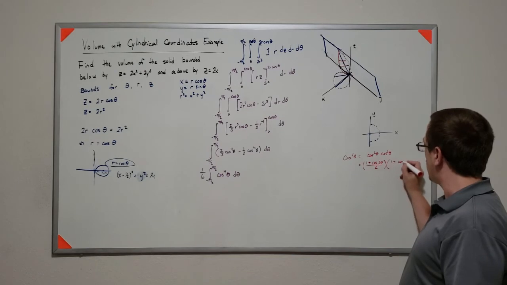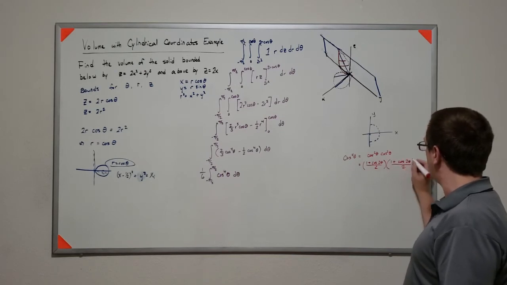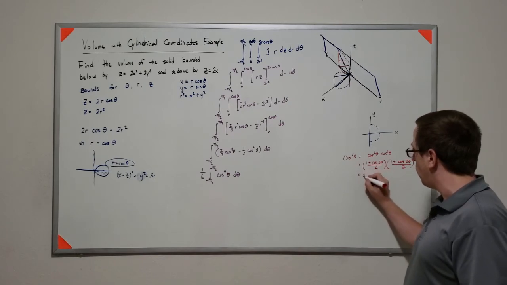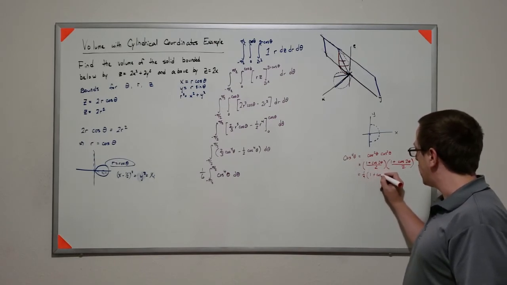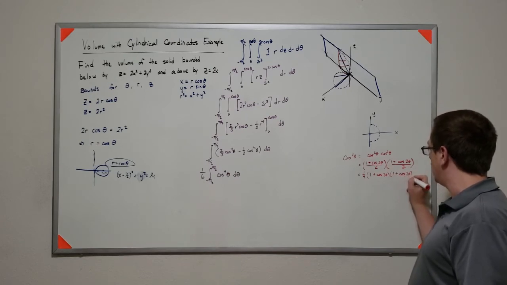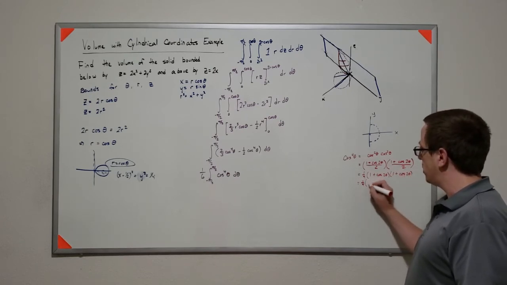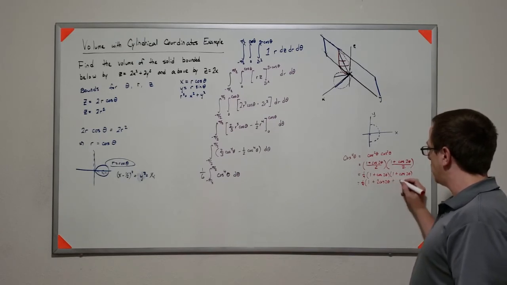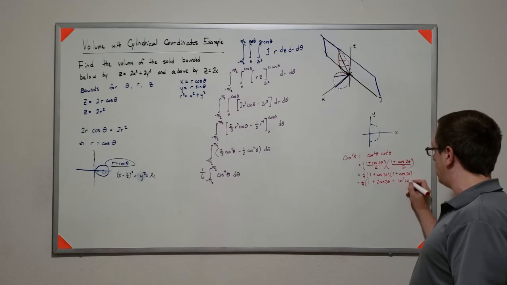If we factor out the 2's, we get 1/4, 1 plus cosine 2 theta, 1 plus cosine 2 theta. Which gets us 1 plus 2 cosine 2 theta plus cosine squared 2 theta.